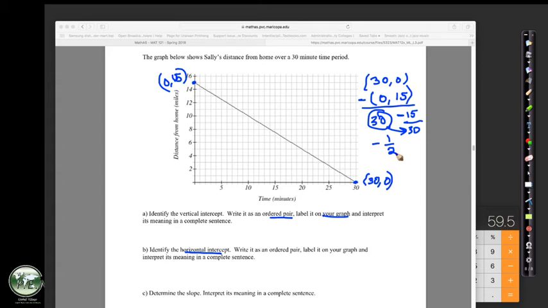Remember the units on here: the bottom is minutes, the top is miles. So if we were to convert this to miles per hour, how fast was she going? 30 miles an hour. Because a mile a minute is 60 miles an hour, and if she was taking 2 minutes to go a mile, you could also do the blown-out math, but it's your gut feeling, this is 30 miles an hour.